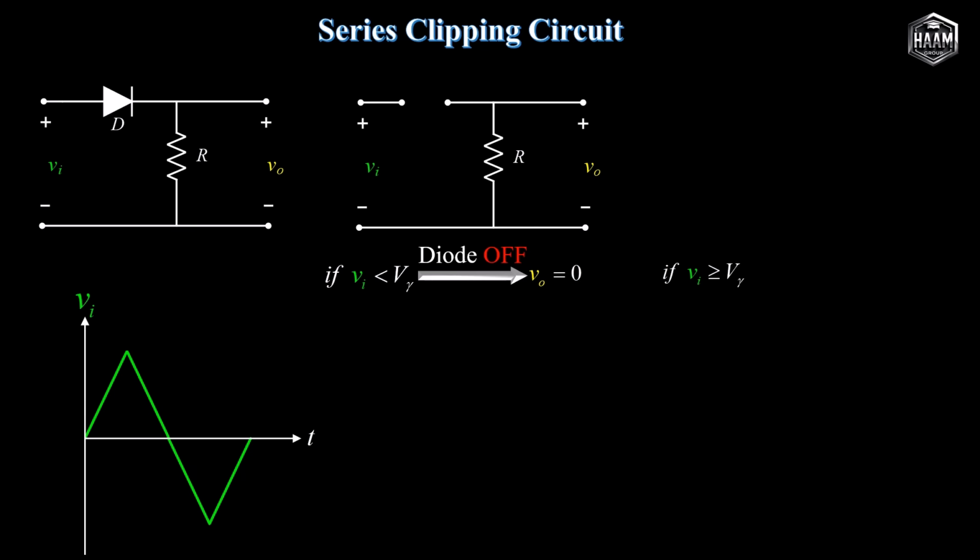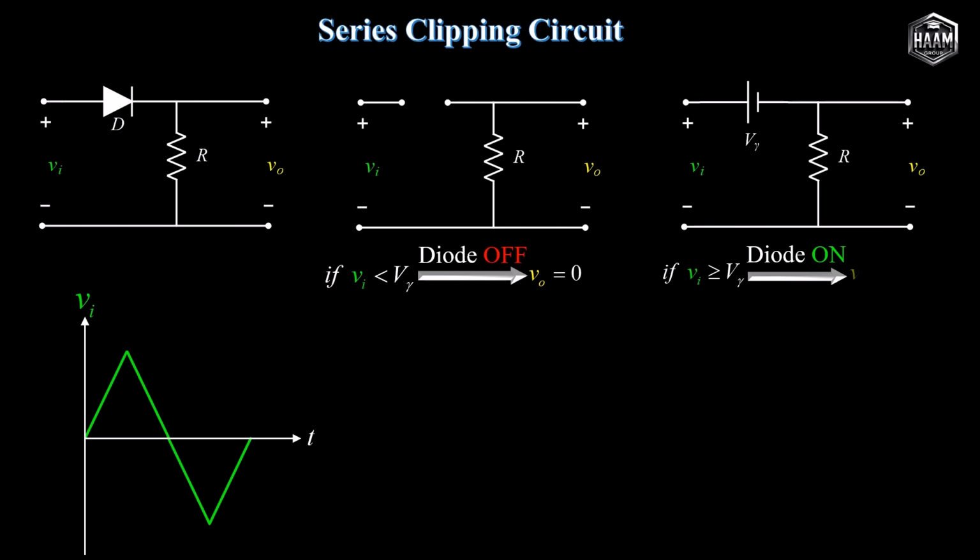When V sub I is greater than V sub gamma, the diode conducts and applying KVL yields V sub O equals V sub I minus V sub gamma.